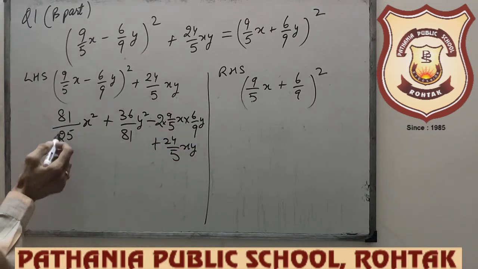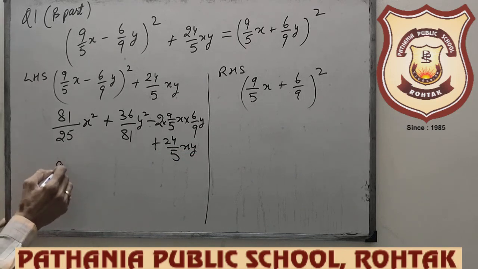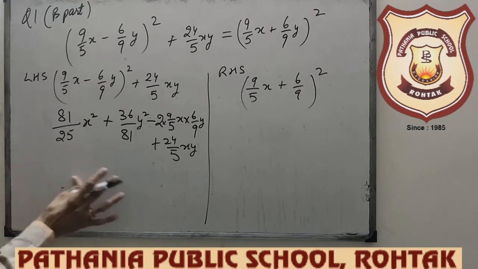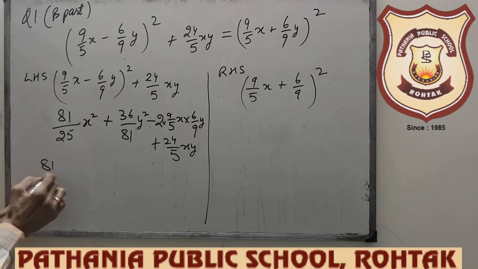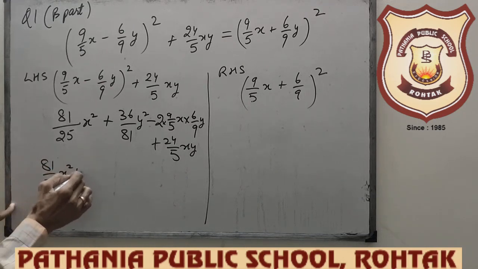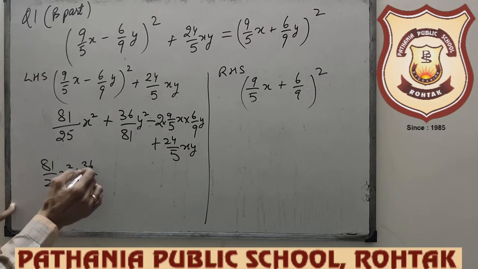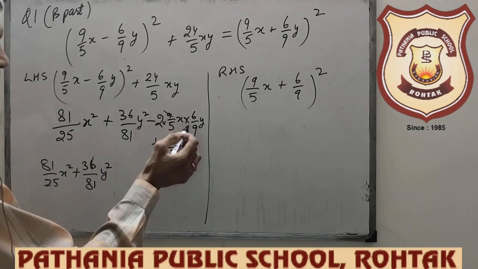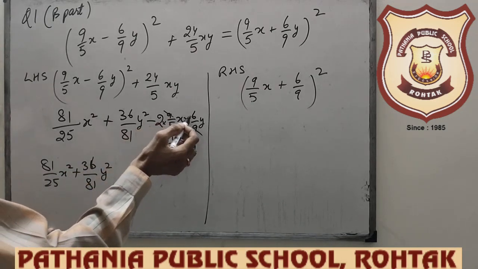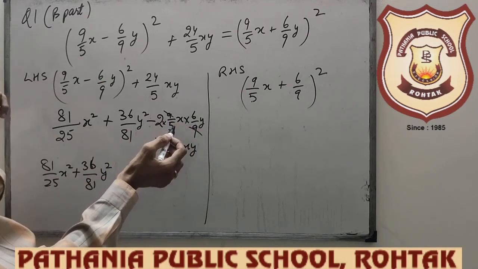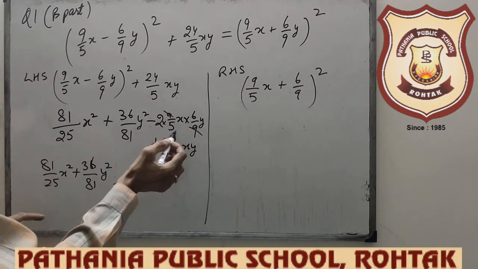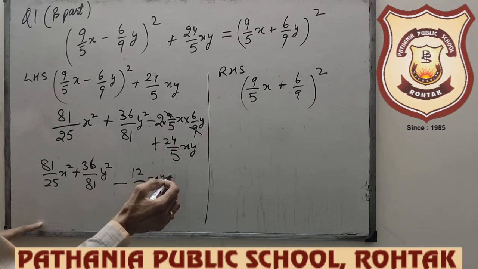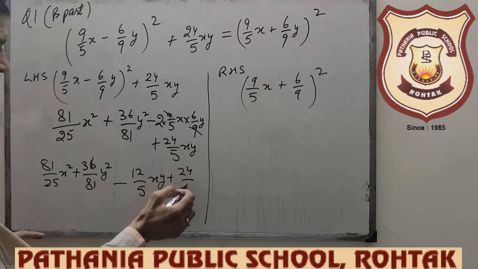So what is it? It is 9 by 5x square. Either you can write in the whole terms or leave it as it is. 81 by 25 x square plus 36 by 81 y square, minus, this 9 by 9 cancel, minus 2 into 6, 12 by 5 xy, and plus 24 by 5 xy.